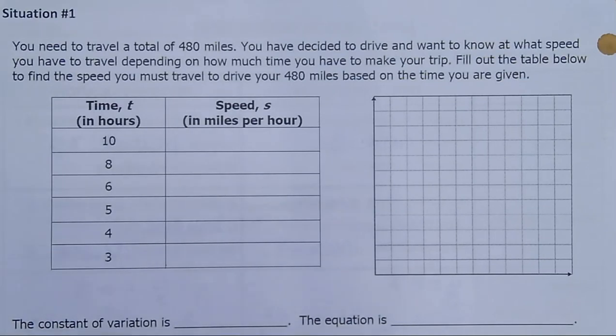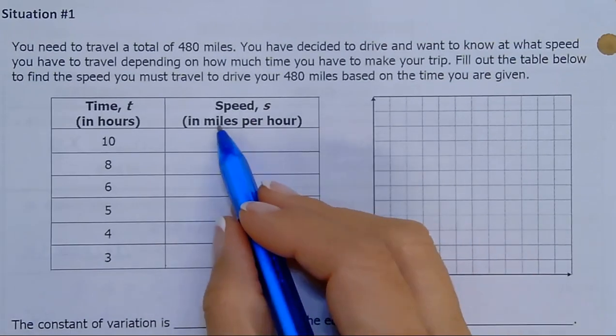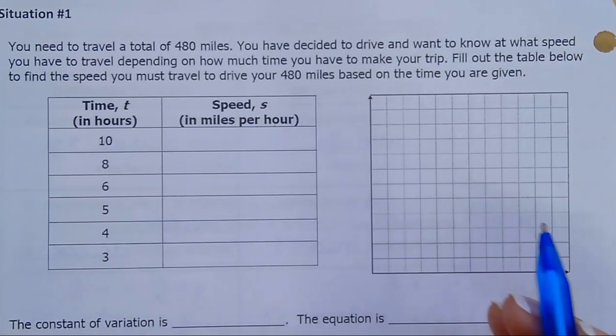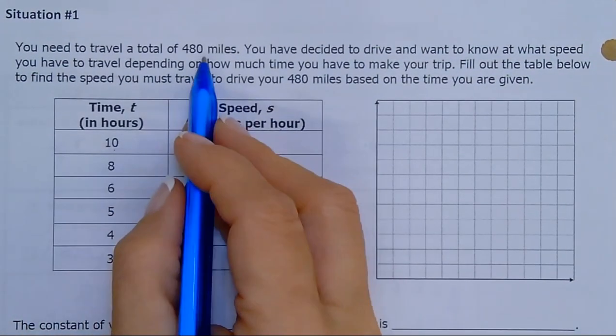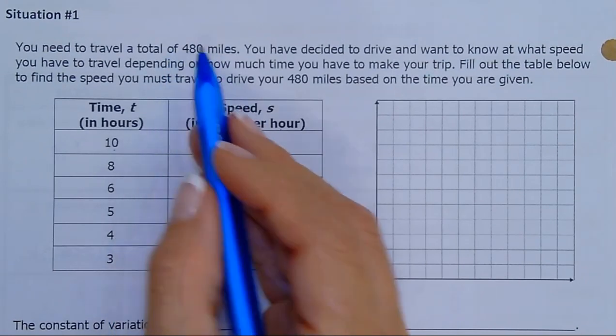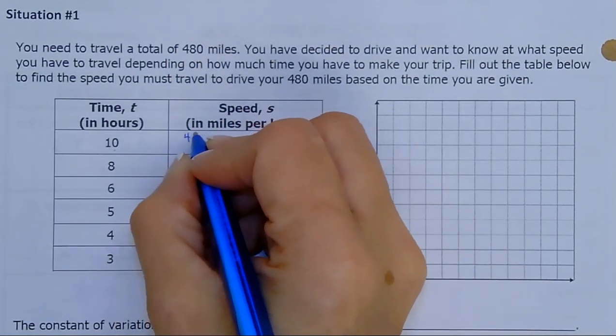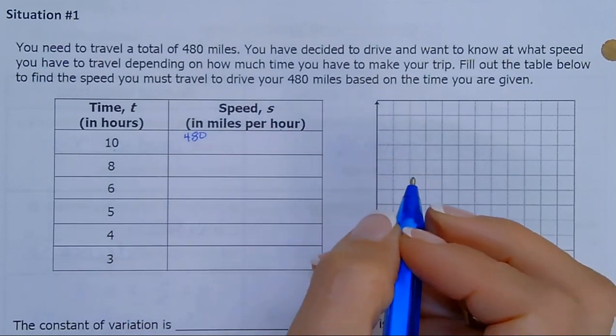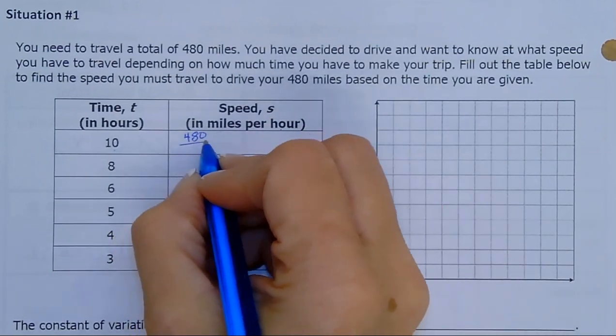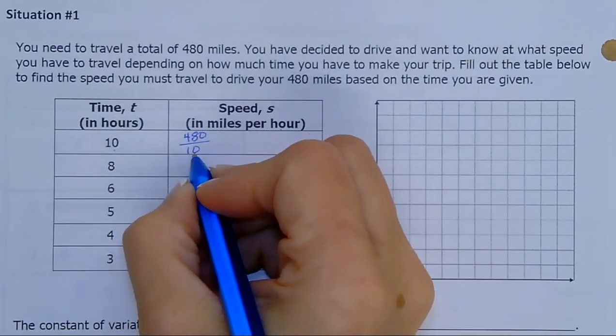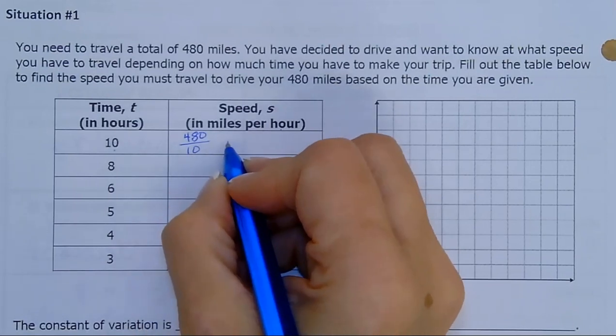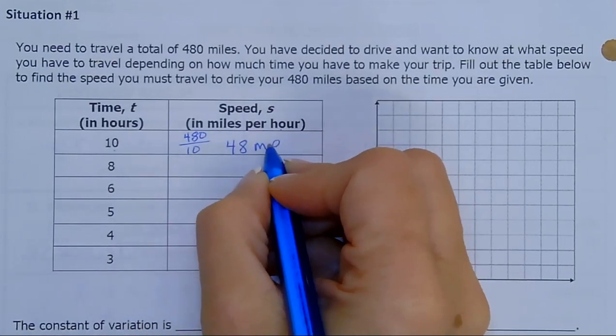So in this case, I know that speed is going to be miles per hour, right? So if my number of miles is 480, because it is, right? 480 miles in 10 hours is equal to 48 miles per hour, right?